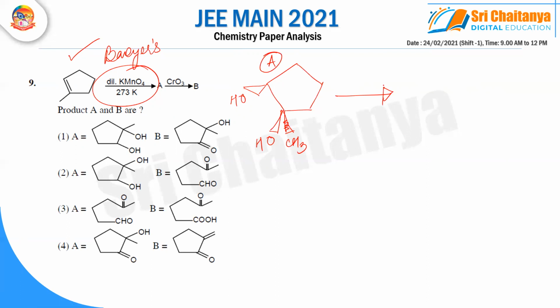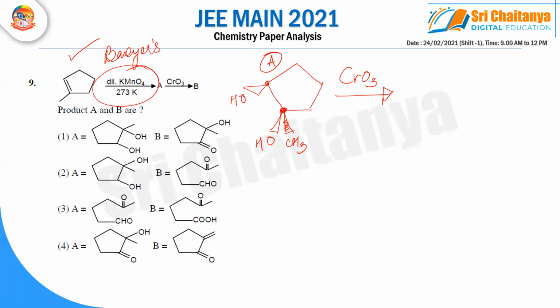Now here I am giving CrO3, which is my Jones reagent. This is a strong oxidizing agent, so it will oxidize the alcohol. But then which alcohol? Only those alcohols can be oxidized which have at least one hydrogen attached to the alpha carbon. This particular carbon doesn't have any hydrogen, so it cannot be oxidized.